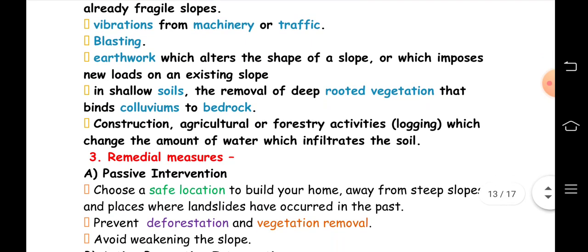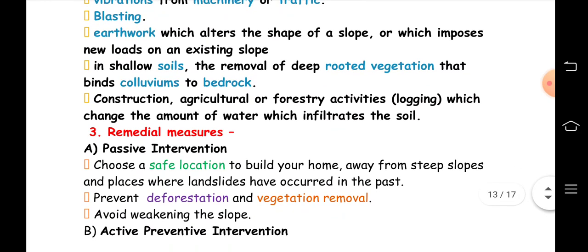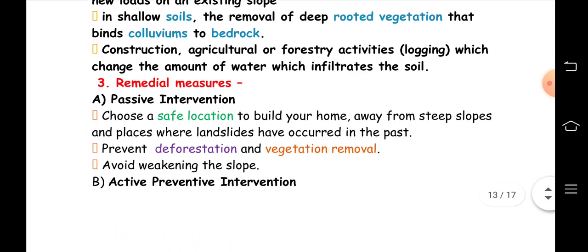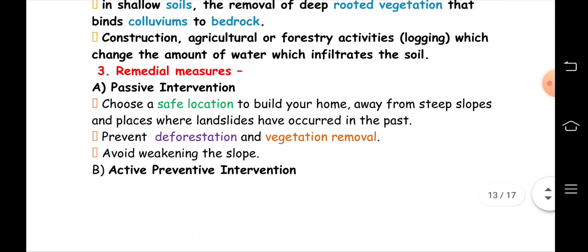Then the earthwork which alters the shape of the slope or which imposes new loads on the existing slope. In shallow soil, the removal of deep-rooted vegetation that binds the soil columns to the bedrock. And last, the construction, agricultural or forestry activities which change the amount of water which infiltrates the soil.